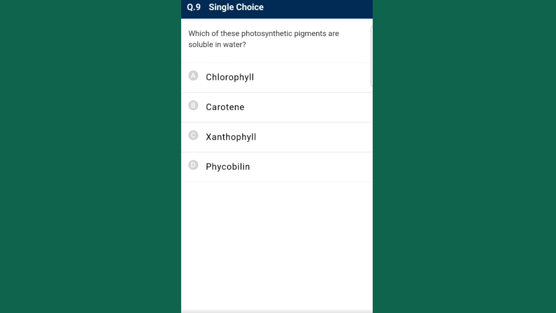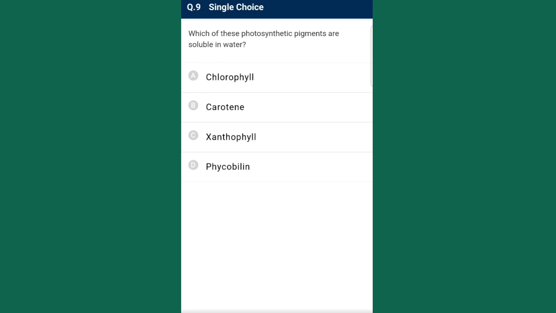Question number 9. Which of the following photosynthetic pigments are soluble in water? Chemically, chlorophylls are porphyrin derivatives with a distinct head and tail region. They are insoluble in water but soluble in organic solvents. Chemically, carotenoids, carotenes and xanthophylls are lipid compounds which are derivatives of lycopene pigment.